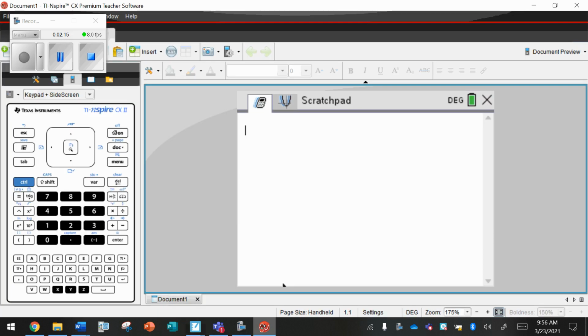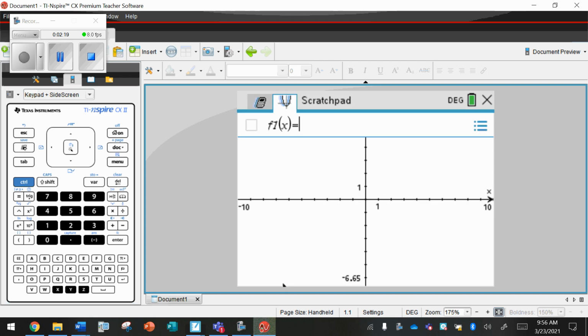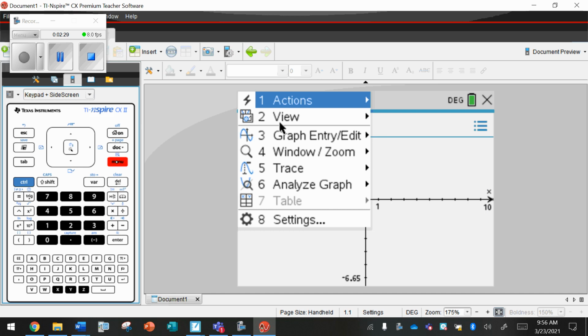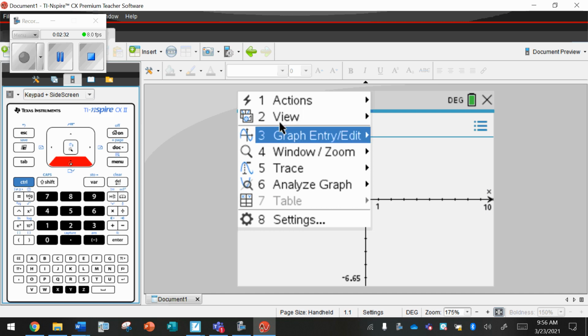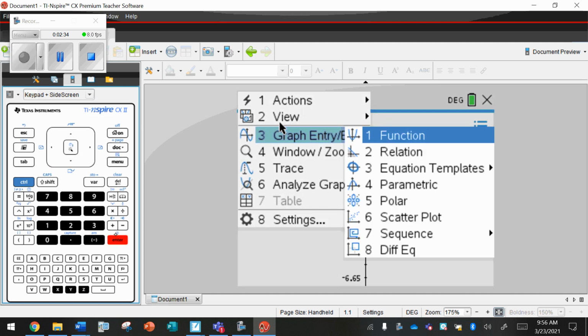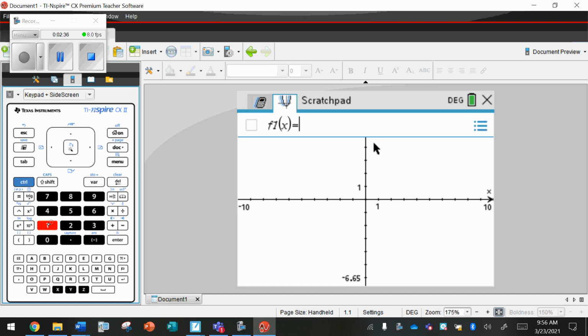So I'm going over to my calculator, have it turned on. Remember, I can push the calculator button, get over to our graph. If your graph, for some reason, has a relation or something else other than function notation, you can go to Menu, and then option 3 for graph entry, and then change it back over to option 1, function.